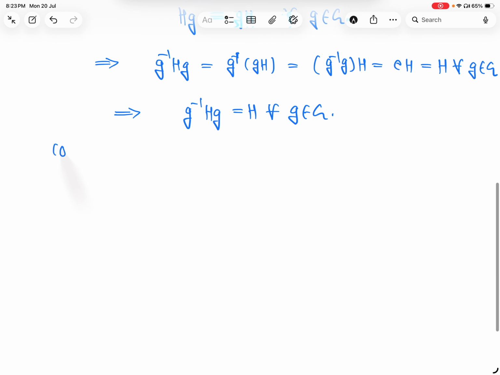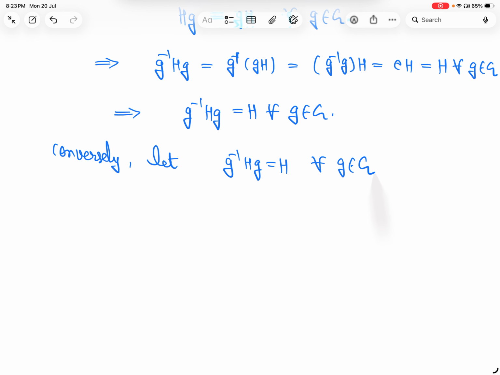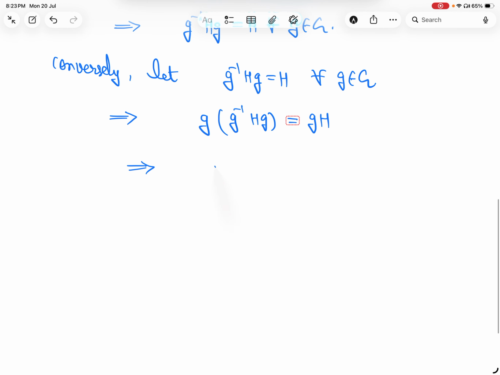Now conversely, let g inverse Hg be equal to H for all g belongs to G. So then what can we have? Multiplying by g on both sides from the left, what will we get? By associativity we can always write it this way.